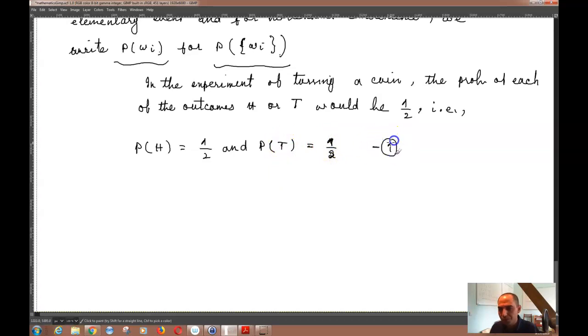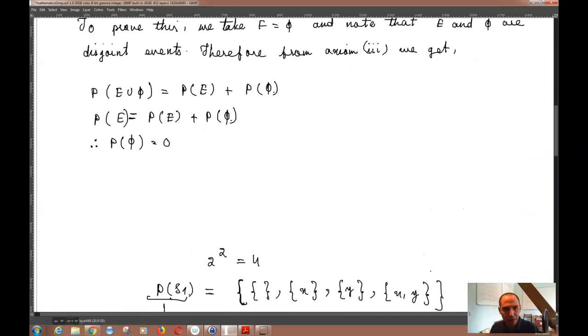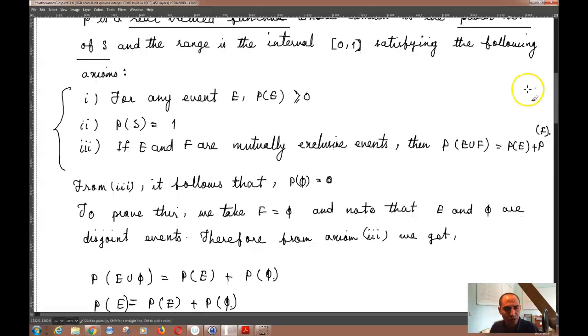Clearly this assignment satisfies both the conditions, that is, each number is neither less than 0 nor greater than 1. The conditions we had were: for any event E, P of E is greater than or equal to 0.